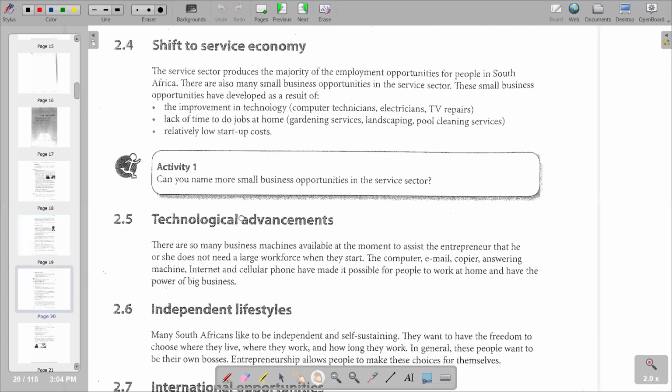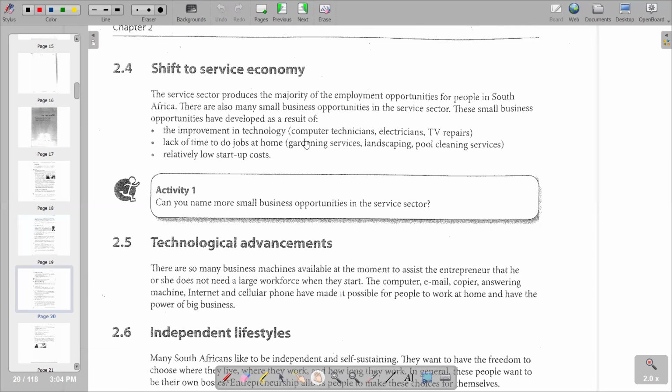If you move on, you'd see that we've got another reason for growing entrepreneurs in the economy: a shift to a service economy. You'd see that the service economy is growing, which is being driven by its nature, that a low capital base describes the service businesses. So you'd see that we have more service businesses operating in the local economy.